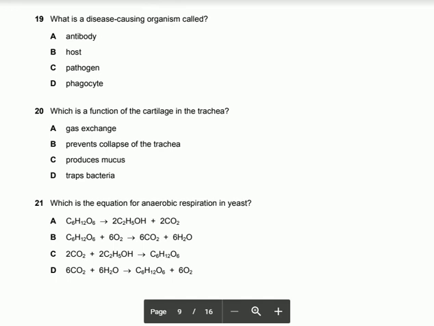Okay, wait. Okay, sorry about that. So it does not produce mucus, but it prevents. Oh yes, I remember. It prevents the collapse of the trachea. Yes, my teacher explained it to me. I did this question wrong in my exam because I did not know it. So yeah, it prevents the collapse of the trachea. You get it, right?